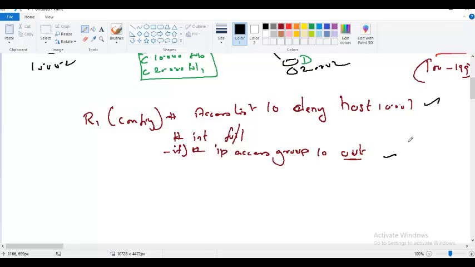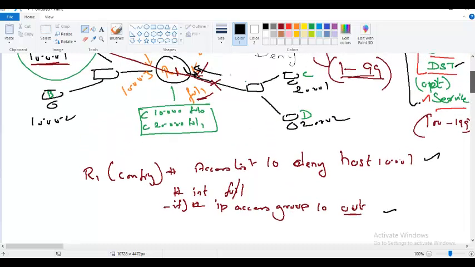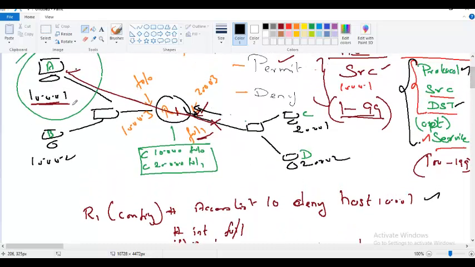When you do that, listen carefully. Traffic is coming from A, wants to go to D. What is the source address? 10.0.0.1. What is the destination address? 20.0.0.2. Traffic comes to the router. Router 1 checks the routing table. Destination is 20. 20 is on which interface?